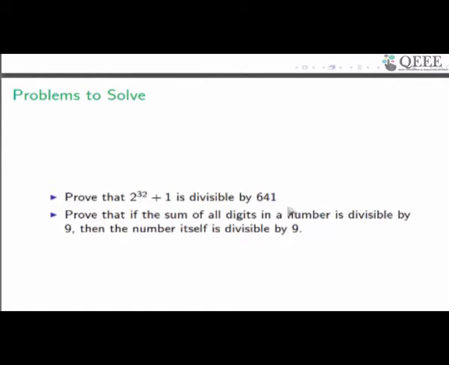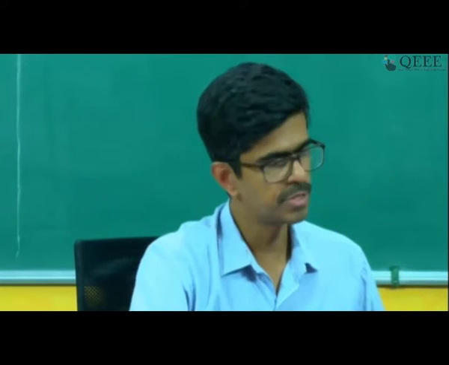What we mean by this is that when you divide 2 power 32 plus 1 by 641, the remainder is 0. Or we can write that we want to prove that 641 divides 2 power 32 plus 1. This is equivalent to saying 2 power 32 plus 1 is congruent to 0 mod 641.